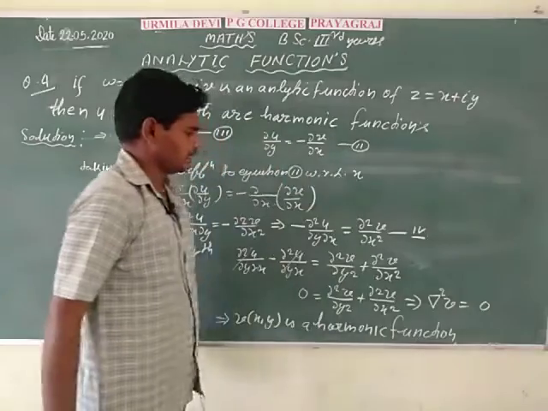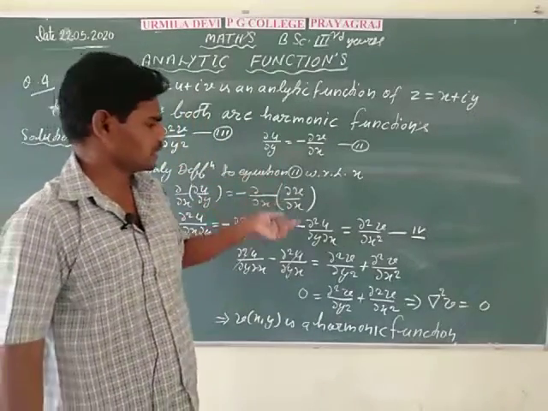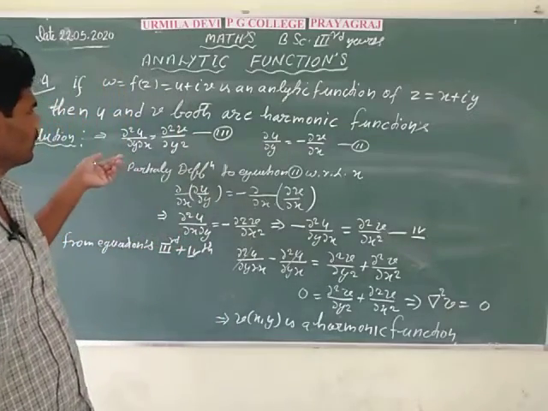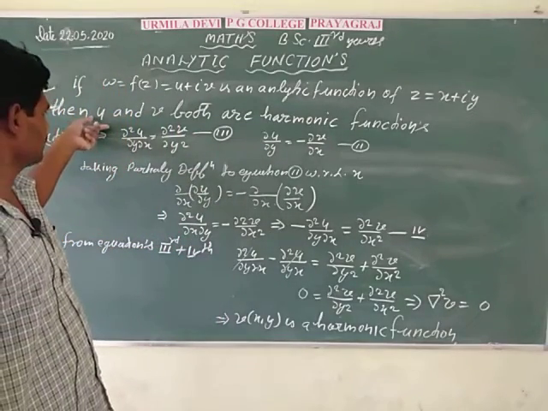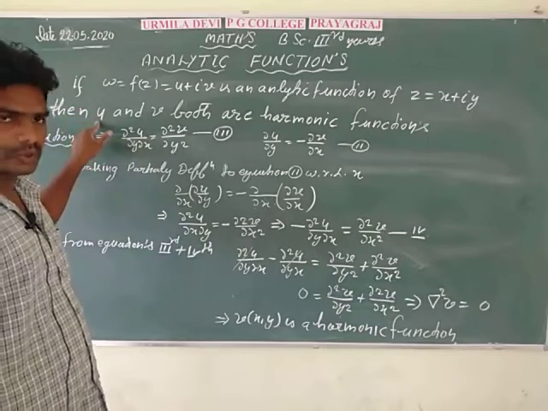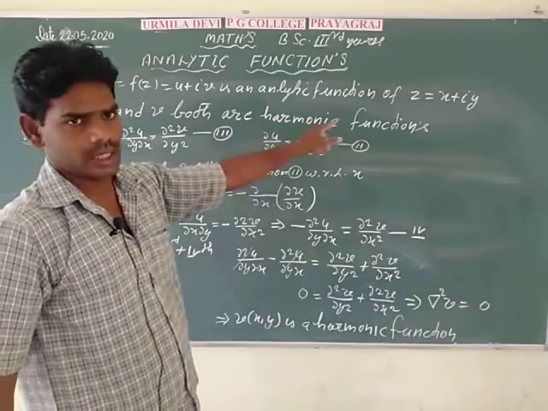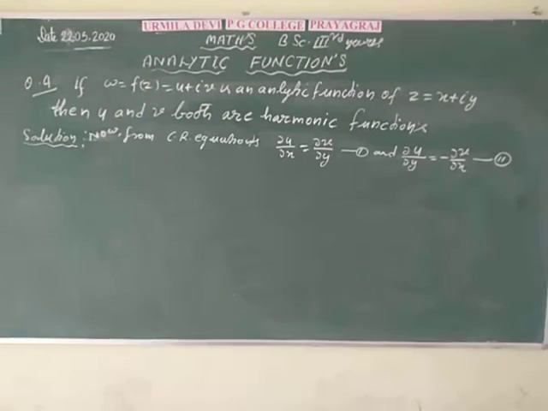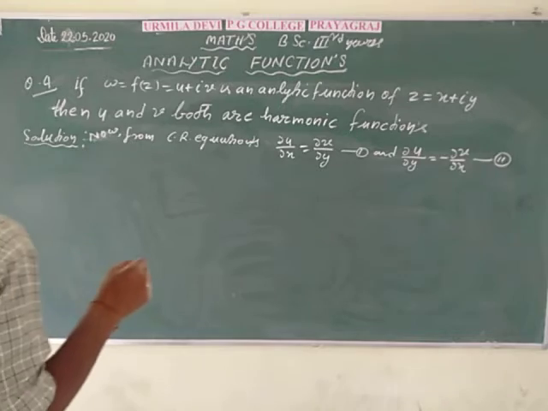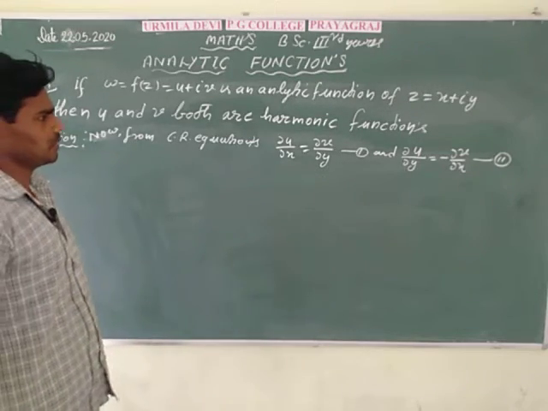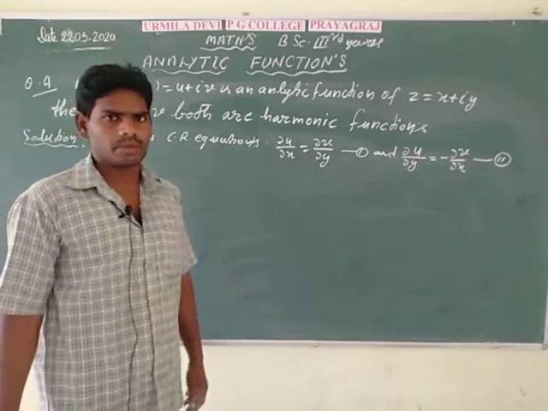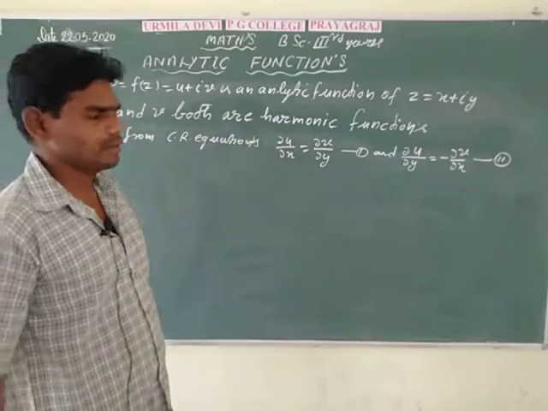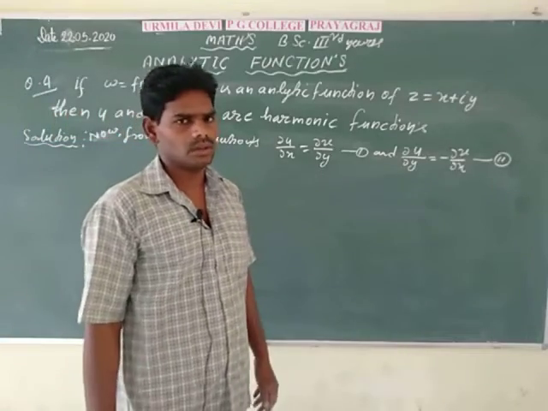So it is proved that the function small v is harmonic. Now consider the second part: prove that small u is also a harmonic function. Therefore, for this, from our equations first and second, our purpose is to prove that the function u is a harmonic function, meaning del square u is equal to 0.